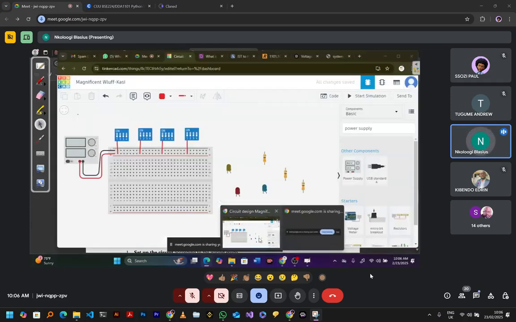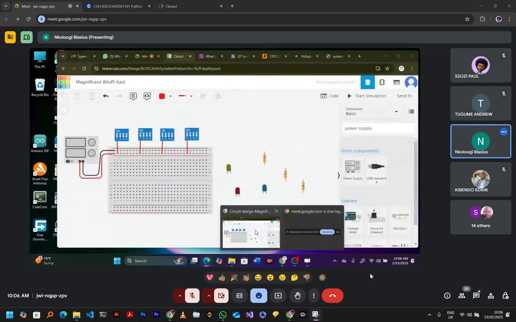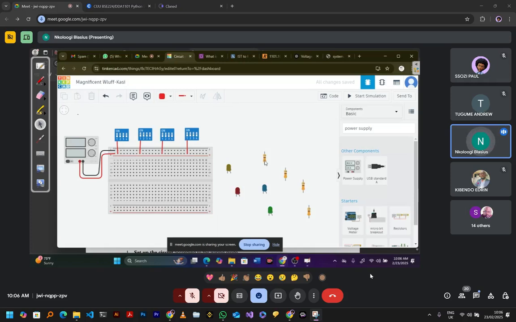So where are our resistors? Our resistors are here. So move and connect all these guys to the resistors, from the B terminals.